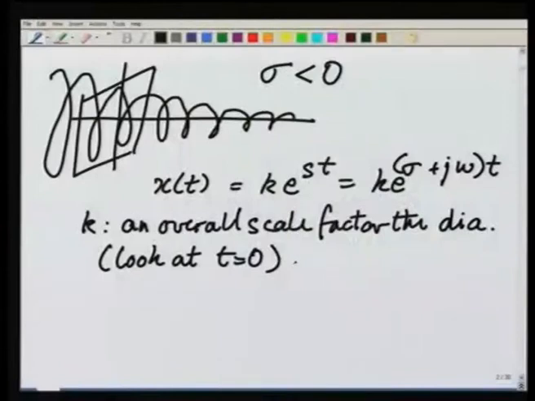So, at t equal to 0, whatever the diameter we find for the helix will be the value of k. That is, diameter at t equal to 0 is k.